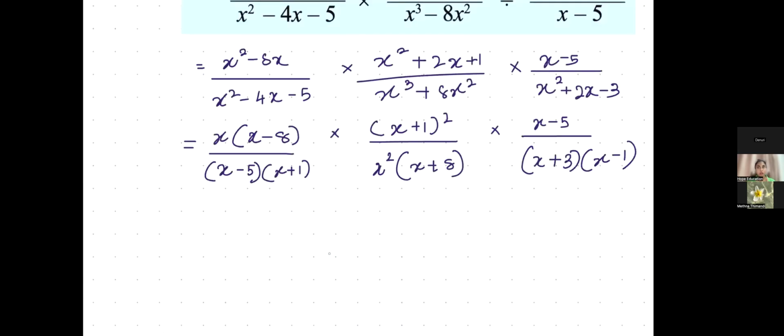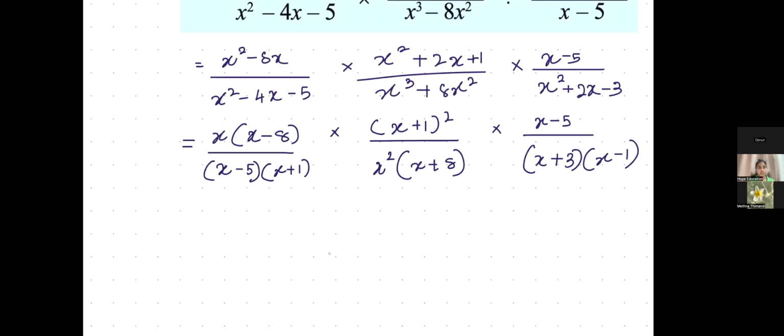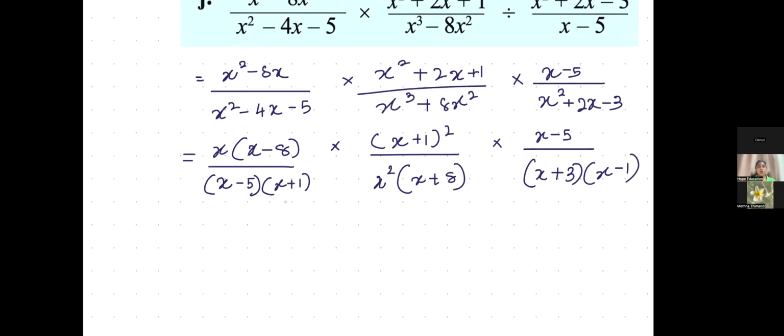All right. Now that we have done all the factorizing, now it's the part for cut and chop, right? Okay, let's see here.